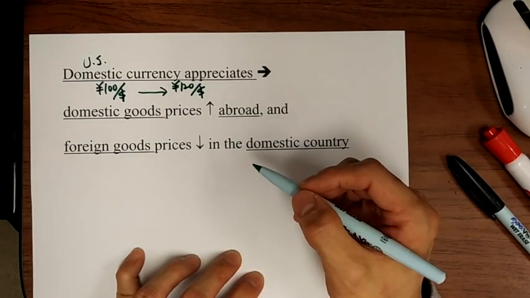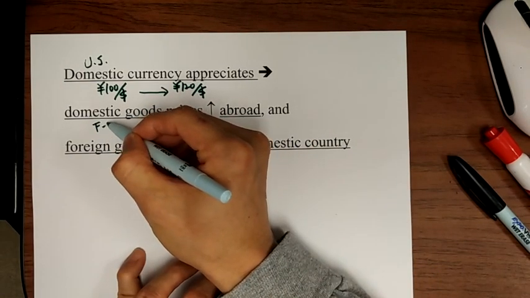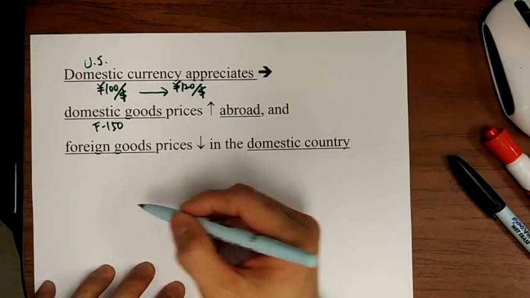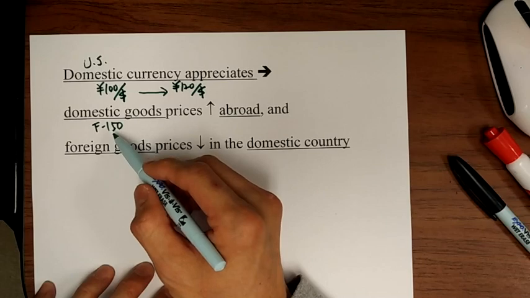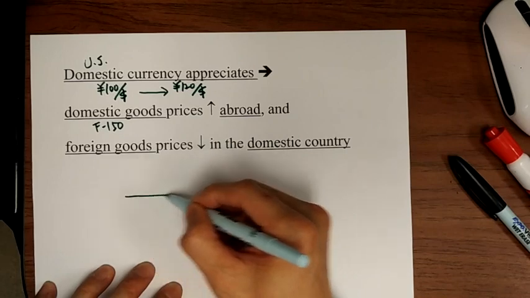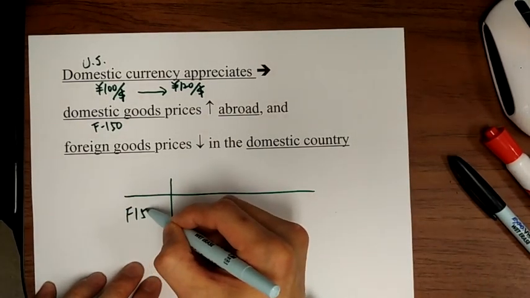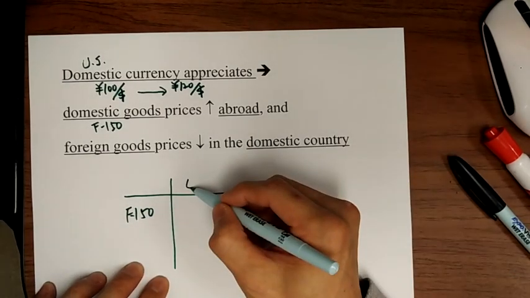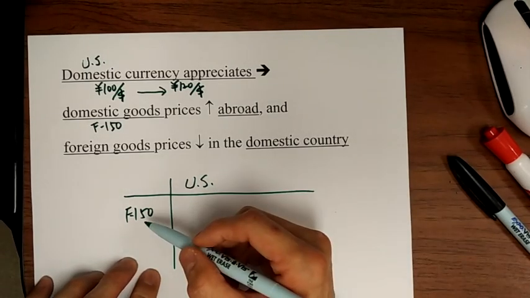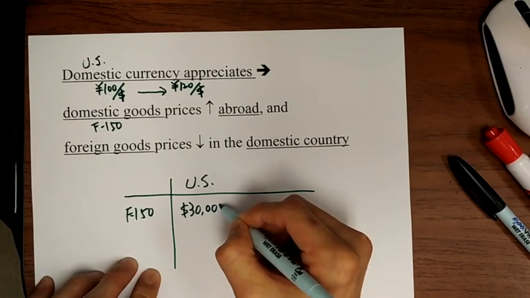Domestic goods, what does US produce? Say F-150. Who produces F-150? Ford. Ford is a domestic company, right? In the US, say Ford prices F-150 at $30,000.